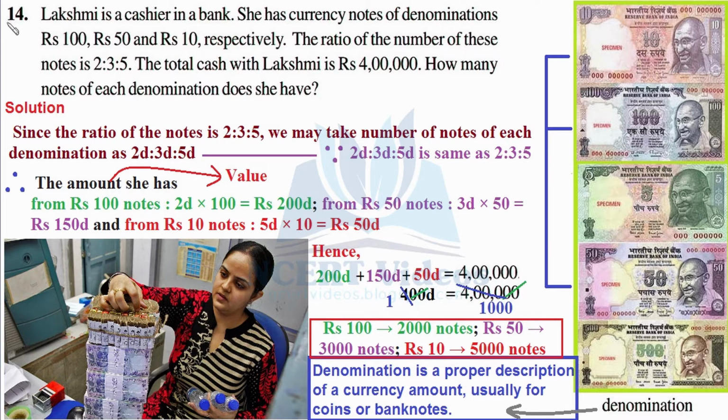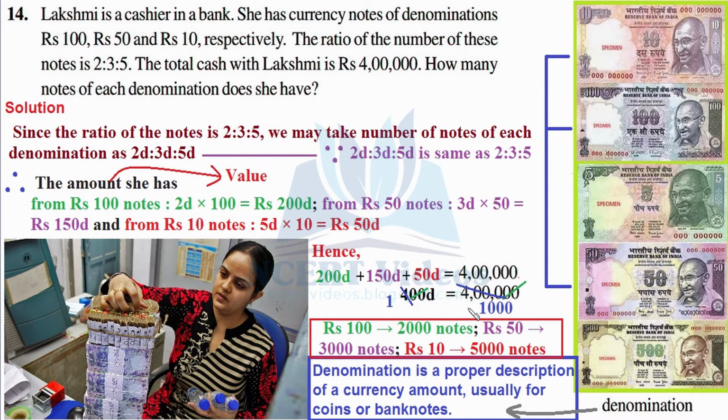In this question number 14, we have a new term which we should be familiar with, that is denomination. So what is a denomination? A denomination is a proper description of a currency amount, usually for coins or banknotes. That is, we have a piece of paper. How would we tell which paper has what value?